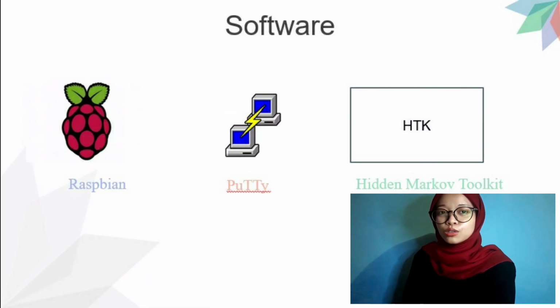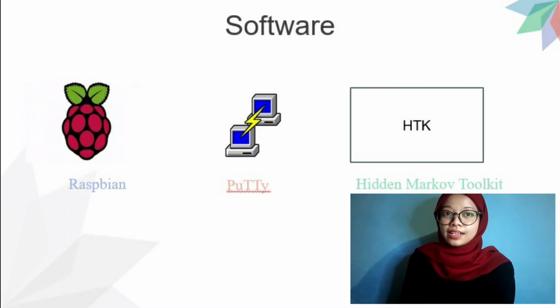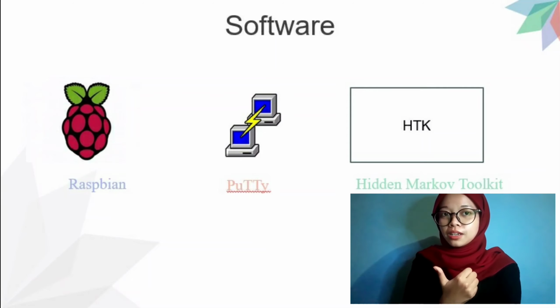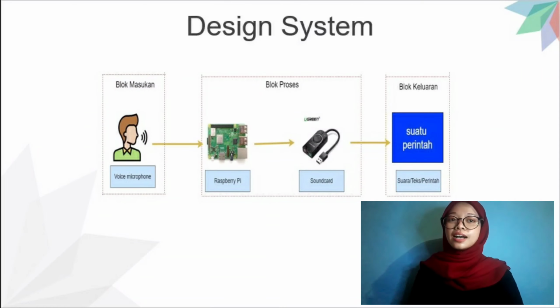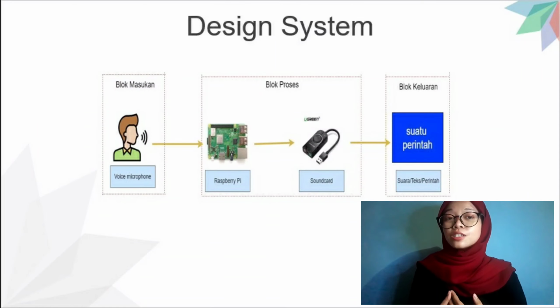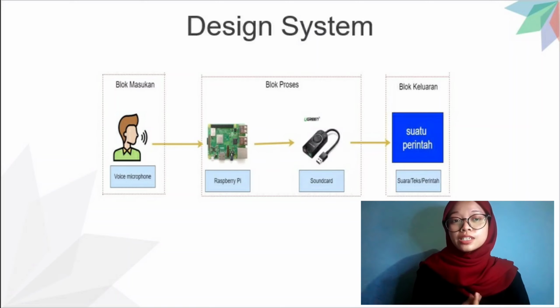The software that I use to make the offline speech recognition system includes Raspbian, PuTTY, and the Hidden Markov Model Toolkit, or HTK. In the system design, I will explain some parts of the request process. Number 1. Data or files input from a microphone are ready to be sent to the Raspberry Pi.